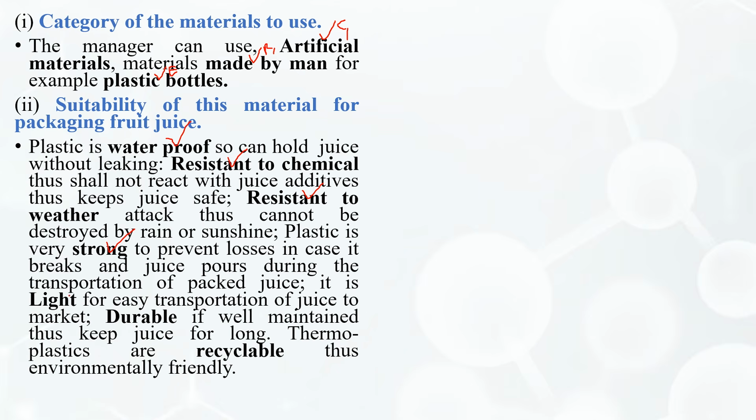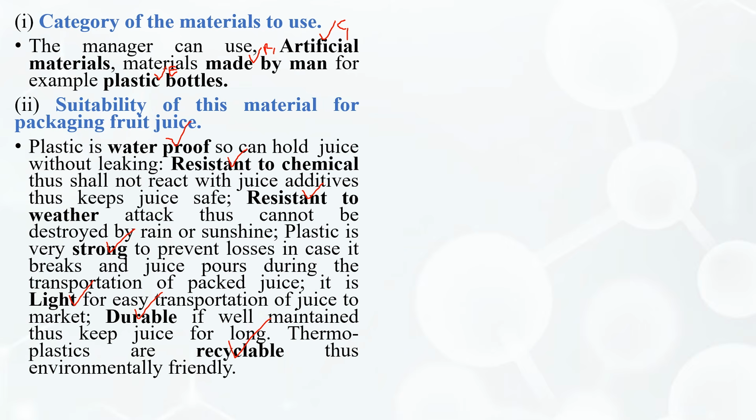It is light, another point, for easy transportation of juice to market. It is durable if well maintained, thus keeps juice for long. Thermoplastics are recyclable, another point, thus environmentally friendly.